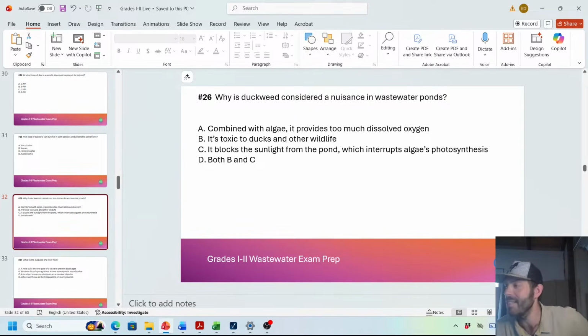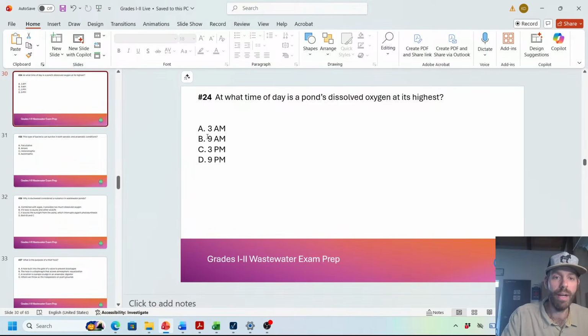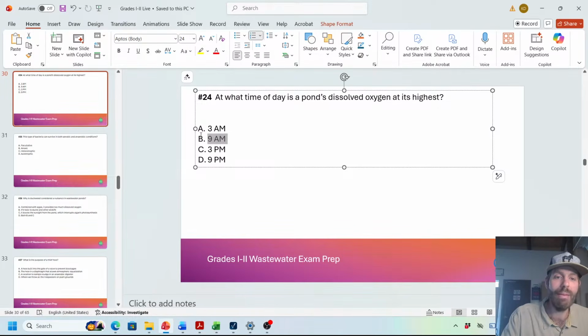Oh, it definitely is. That's why I said it was one of my favorites, the pond thing. And if they ask you what time of day dissolved oxygen is at its lowest, and correct me if I'm wrong on this one, Matt, it probably would be 9 a.m. Actually, how they would write that one is probably 6 a.m., because depending on where you are, it's pretty sunny out by 9 a.m., so photosynthesis could have already started.